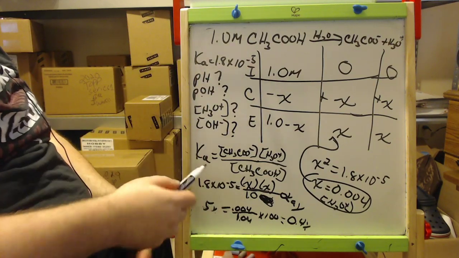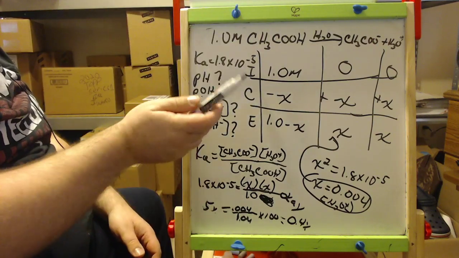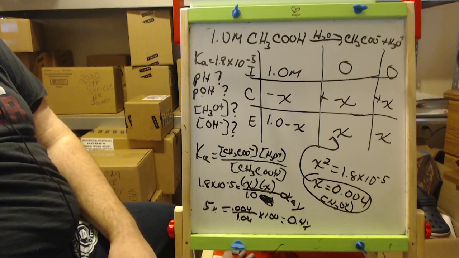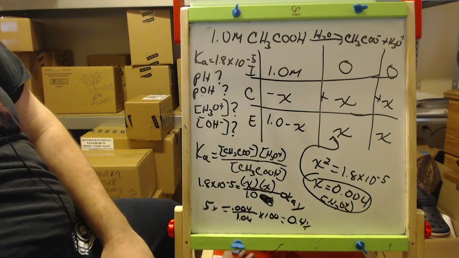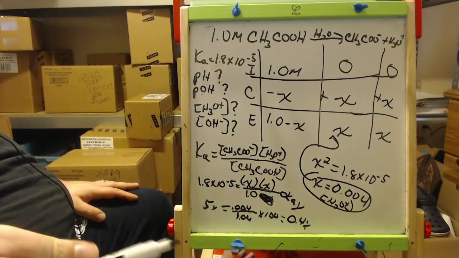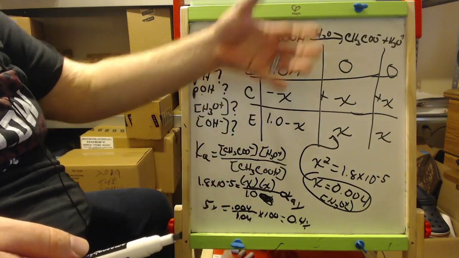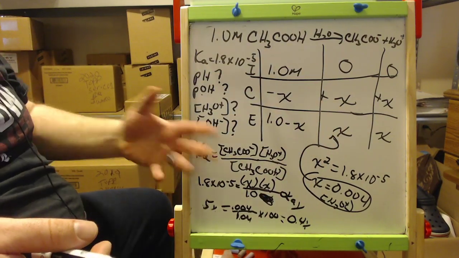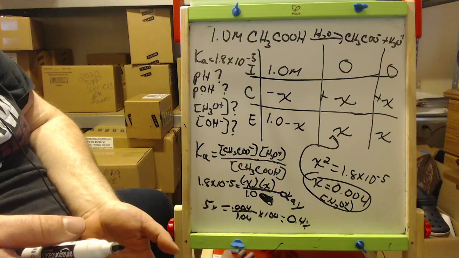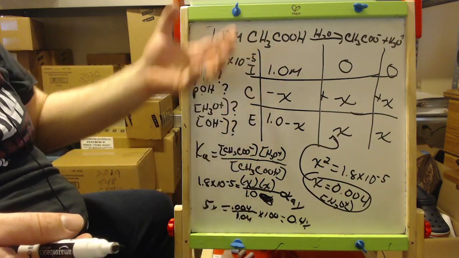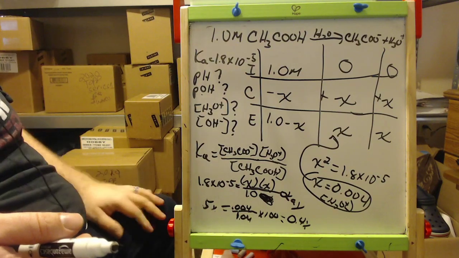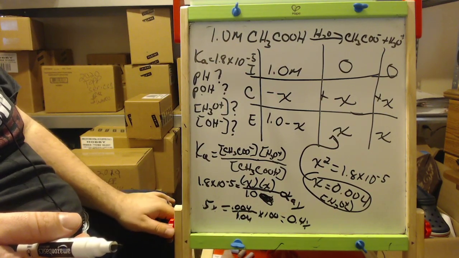I could figure out the OH minus, whether I want to do 10 to the minus pOH or I want to set up Kw. If the 5% check doesn't work out, you have to go back and use the quadratic formula. On an exam, I'm not going to make you use the quadratic. Everything's going to work out fine. You might have to do the 5% check to make sure.